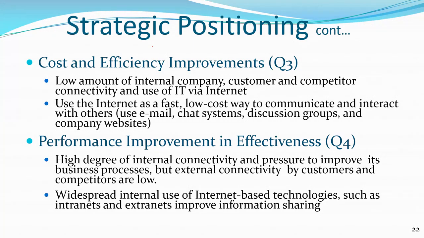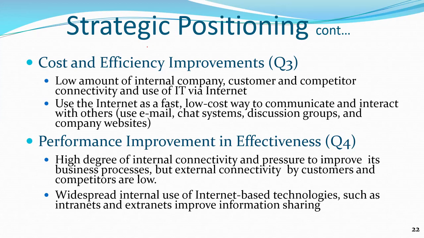What you have to do is use the internet as a fast, low-cost way to communicate and interact with others, because you need to improve that connectivity. You can use email and chat systems, or discussion groups, and also the company website could be used to improve connectivity between all these parties and take it to a higher level.